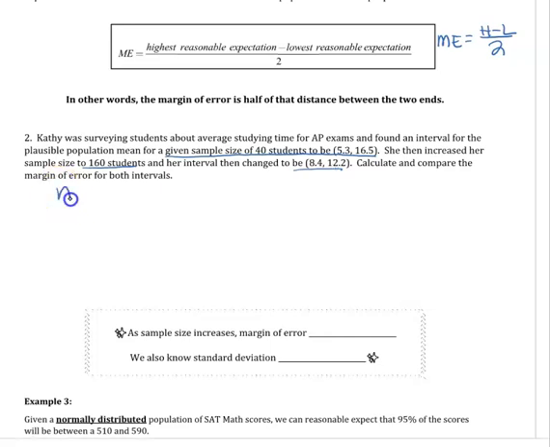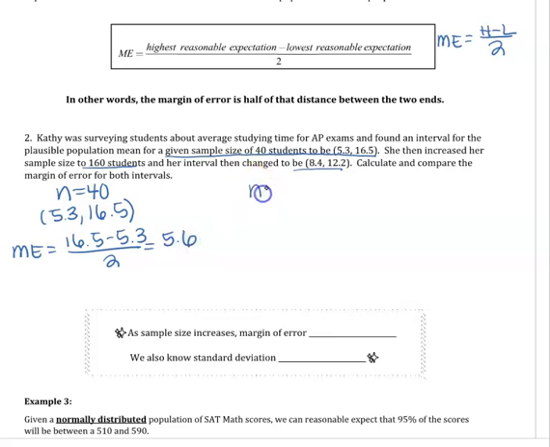So for our sample size of 40 students, again, they were saying between 5.3 and 16.5 hours. That's what captured her middle 95% of her sample there. Margin of error is high minus low divided by 2, which is going to end up being 5.6.